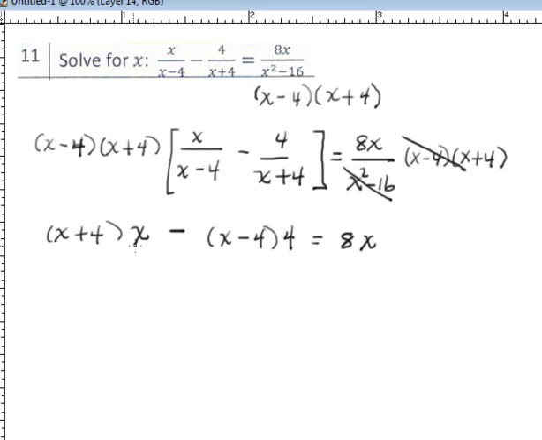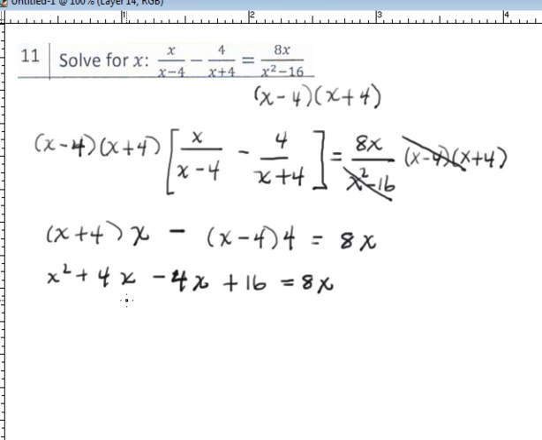Okay, so now we're going to get a quadratic, and we'll put that in standard form. All right, so let's multiply this out. We have x squared plus 4x minus 4x. And now we have minus, so that will be plus 4 times 4, plus 16, is equal to 8x.